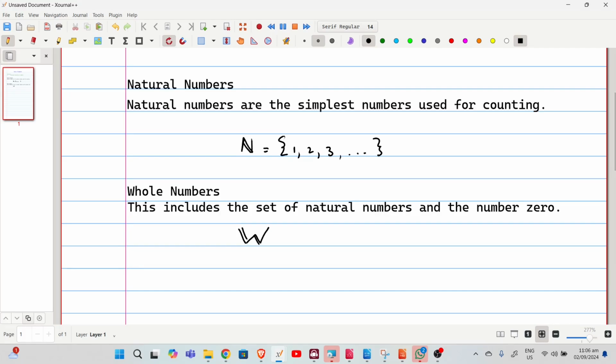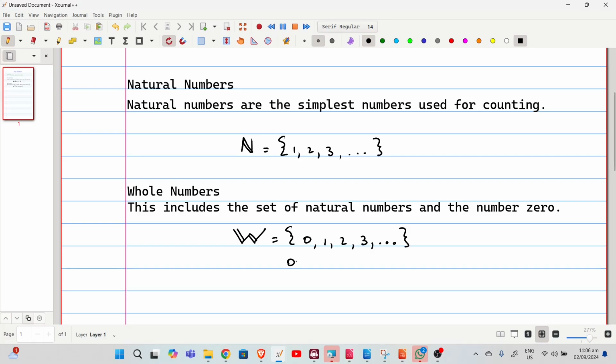So a double struck W, and we'll have the 0, the 1, the 2, the 3, and so on.